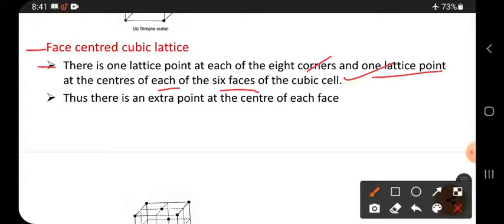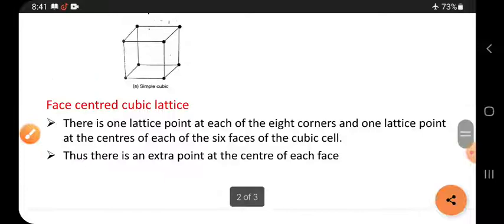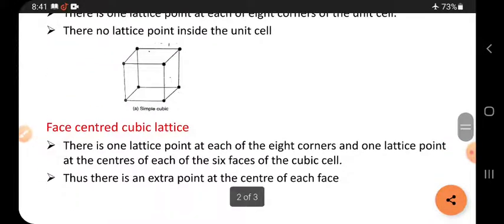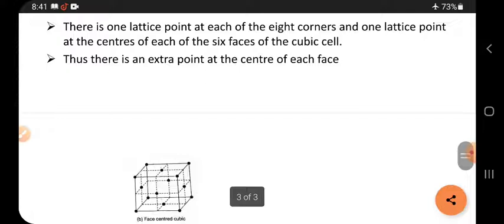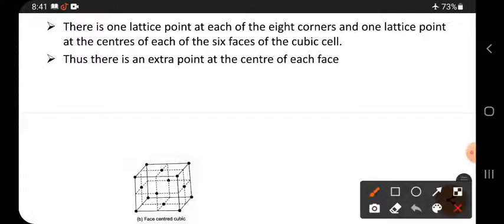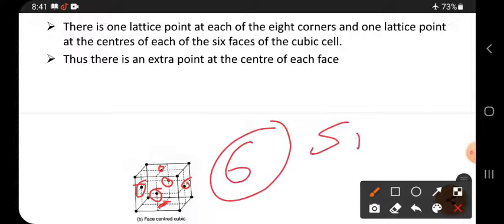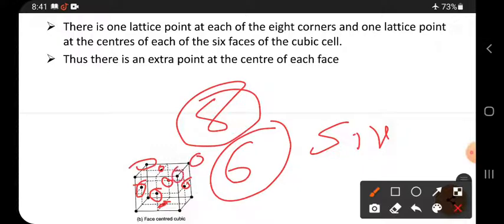The corners are the same as in the simple cubic lattice, but the extra thing is one lattice point at every face: the top face, back face, left face, bottom face, and front face. So 6 lattice points at the 6 faces, and 8 lattice points at the 8 corners.